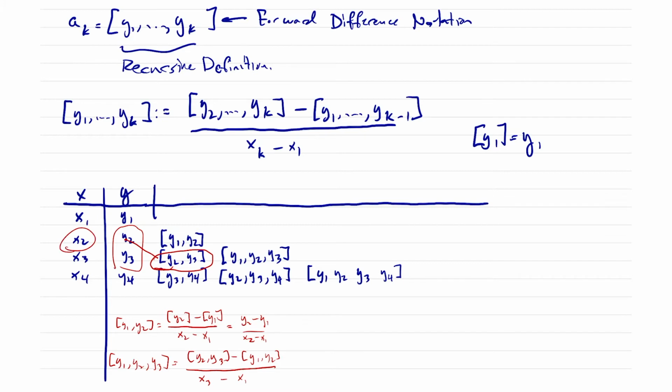Then I use this x and this x as my difference. And if I were to use, say, this guy, I'd take a difference of these two guys, and then I'd look for the x value corresponding to this, and the x value corresponding to this, and you take their difference, right? And so that's how it goes. So you sort of build up, from the top down, just working all of these guys out in this sort of pattern, and then you'll be able to actually write everything out.